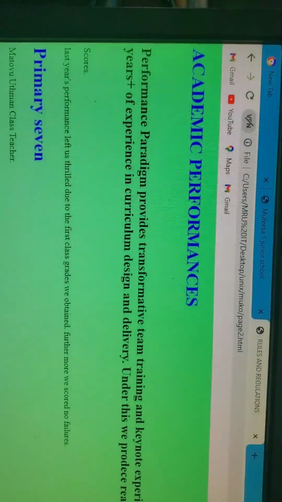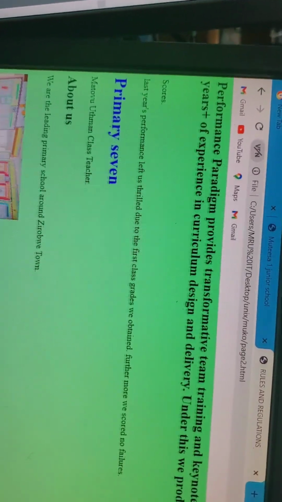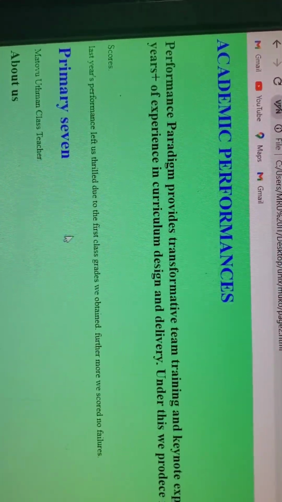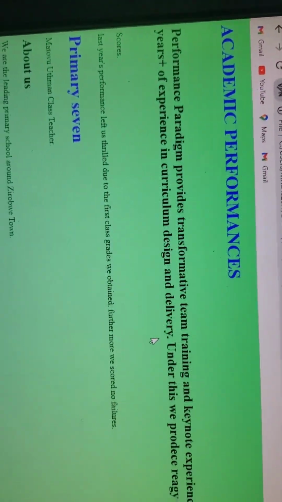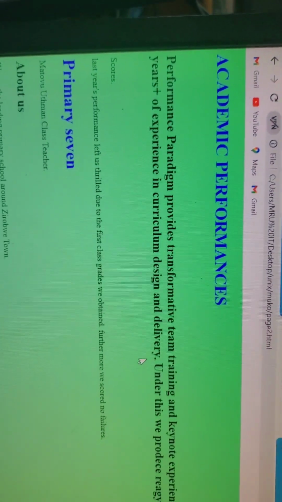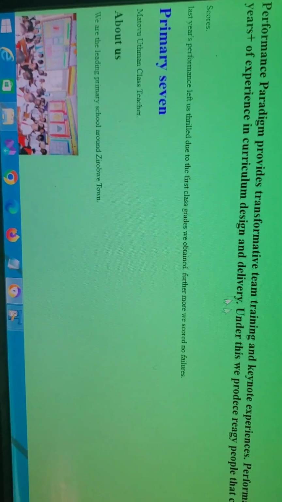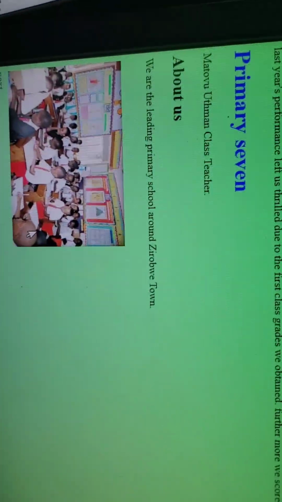When I open here, this is my view. I've talked about the academic performance. It is in blue color. Performance Paradigm provides transformative team training. Our teachers are well trained. They can give facilities to our children. About us, here is the image. Here you can even decide to increase the width using the attribute.